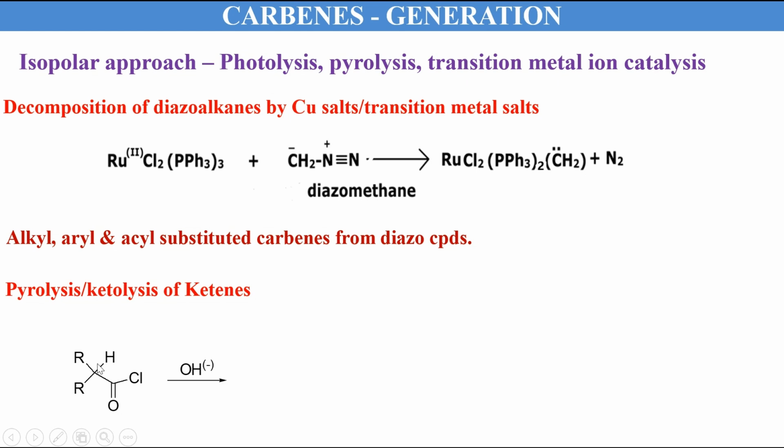OH minus abstracts the hydrogen as H plus. When this H moves as H plus, the electrons are left onto the carbon.